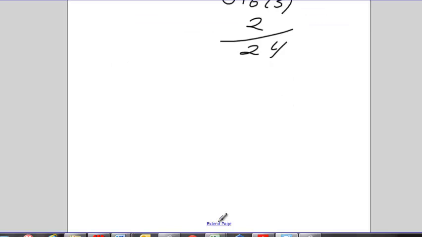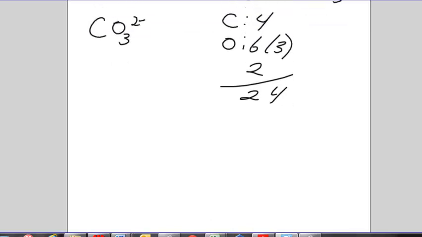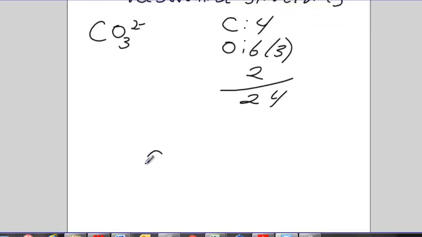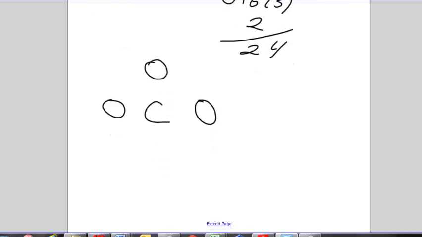Now, if you try to draw this CO3 2 minus structure, here's the carbon, there's 3 oxygens. Once again, it doesn't matter which 3 sides of the carbon you put those oxygens on. But you try to distribute so everybody's happy. The only way to do that: 2, 4, 6, 8, 10, 12, 14, 16, 18, 20, 22, 24.